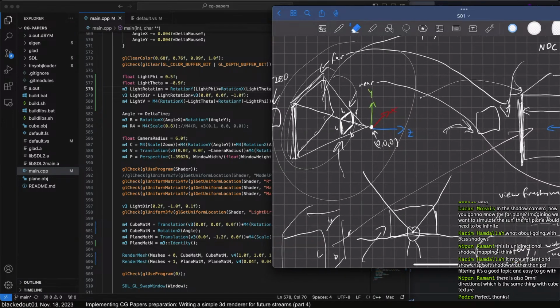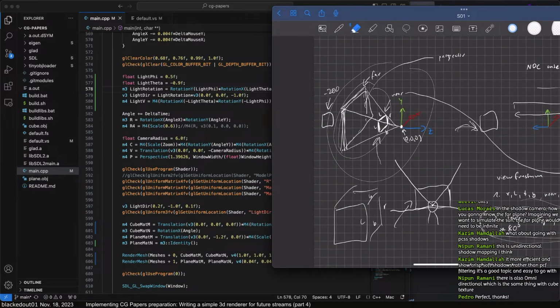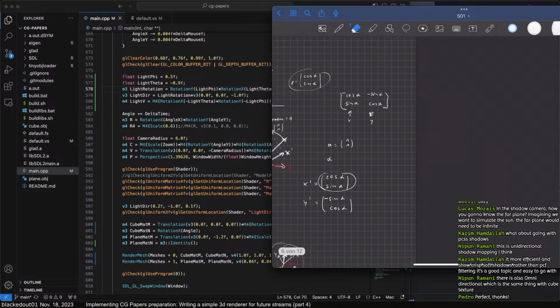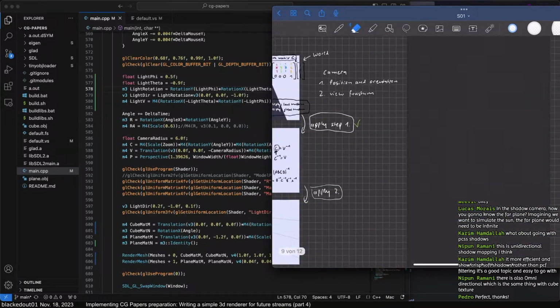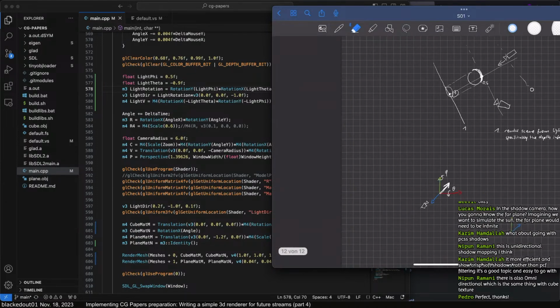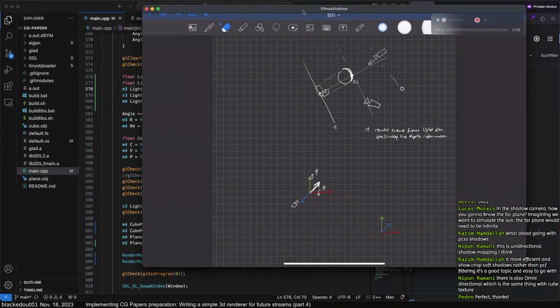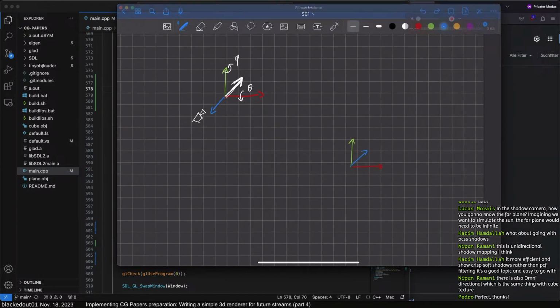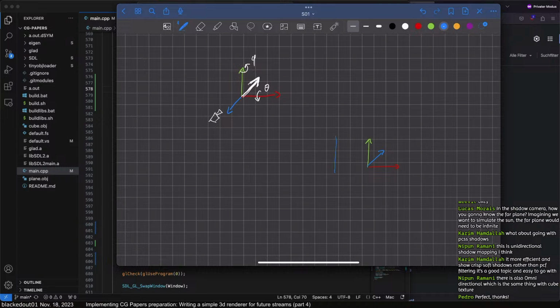Yeah, so here, this is the NDC cube. And we want to transform, wait, let me draw in the borders.